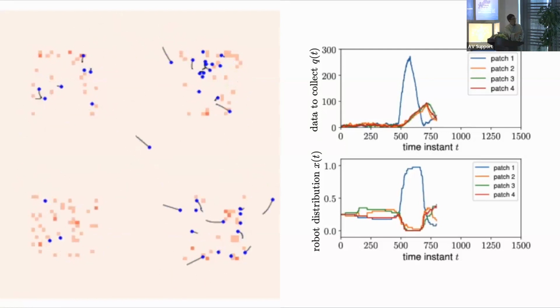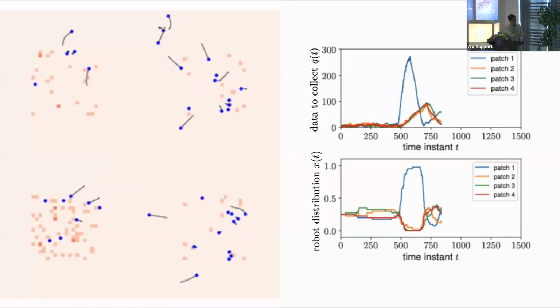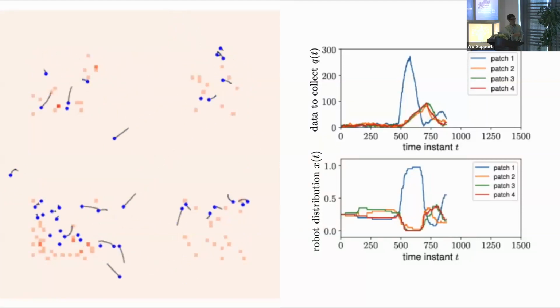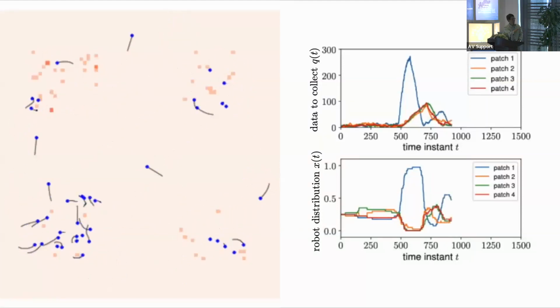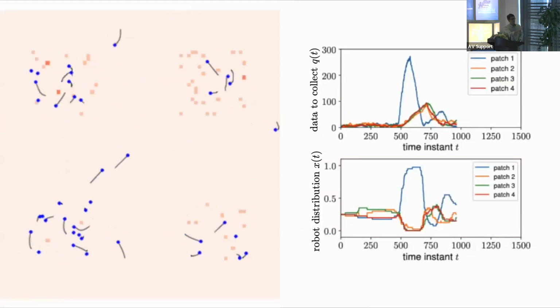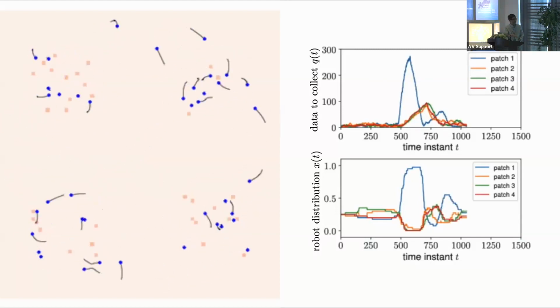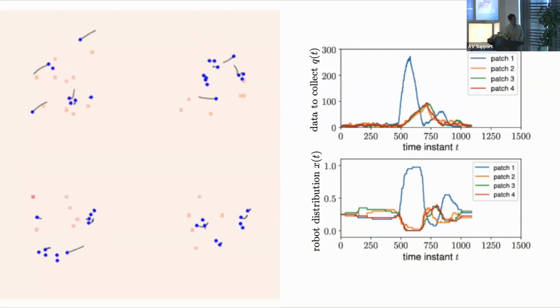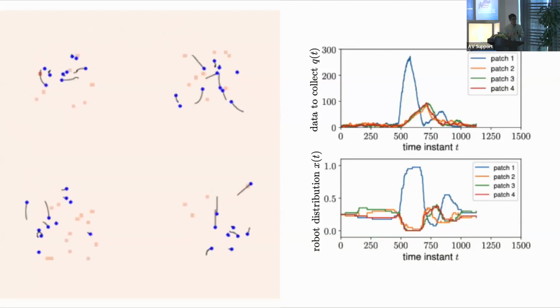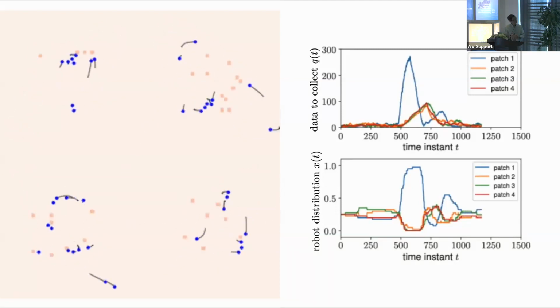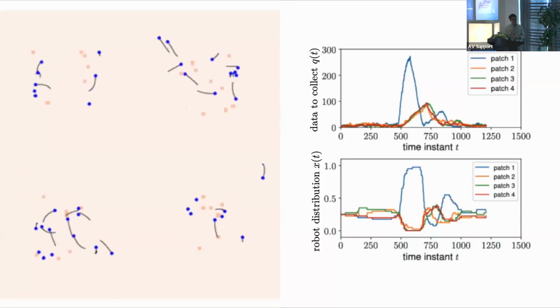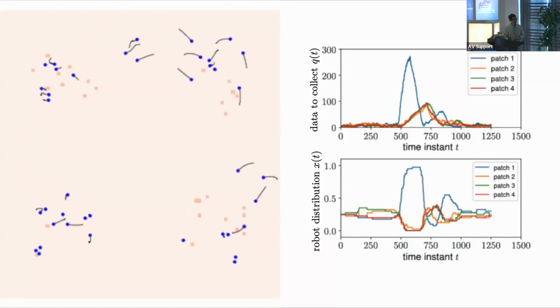So instead of telling robots to go to some location, we just inform the robots that there is a bleaching event happening in one of the patches. You might want to go there because there is a lot of data we have to collect. Instead of giving step-by-step instructions, this algorithm allows robots to think by themselves and make a decision where to go.